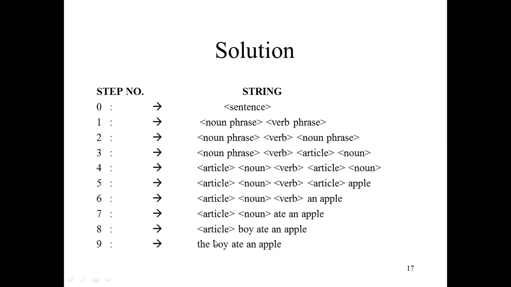Now in the next step, article will be replaced by the, because it is given in the sentence. How many steps are you running? In how many steps do you get the complete the boy ate an apple as it is? You start from the sentence and get the same output as was provided to you, the boy ate an apple, in a total of 9 steps here.